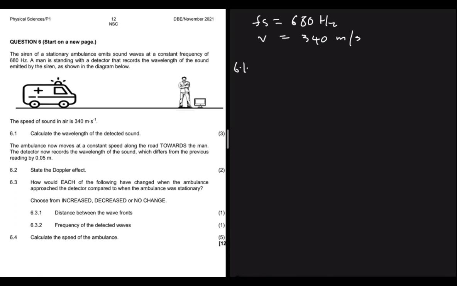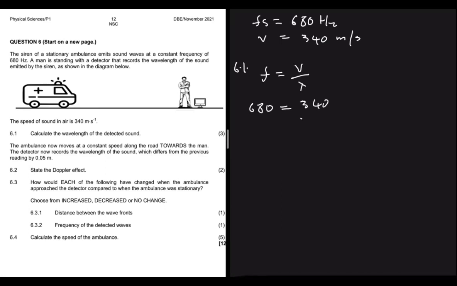This is quite an easy one because we all know that the frequency is equal to the speed in the medium divided by the wavelength, right? We are given the frequency of the emitted sound, and it's said to be 680 Hz. And then the speed of sound in air is 340 meters per second, right?